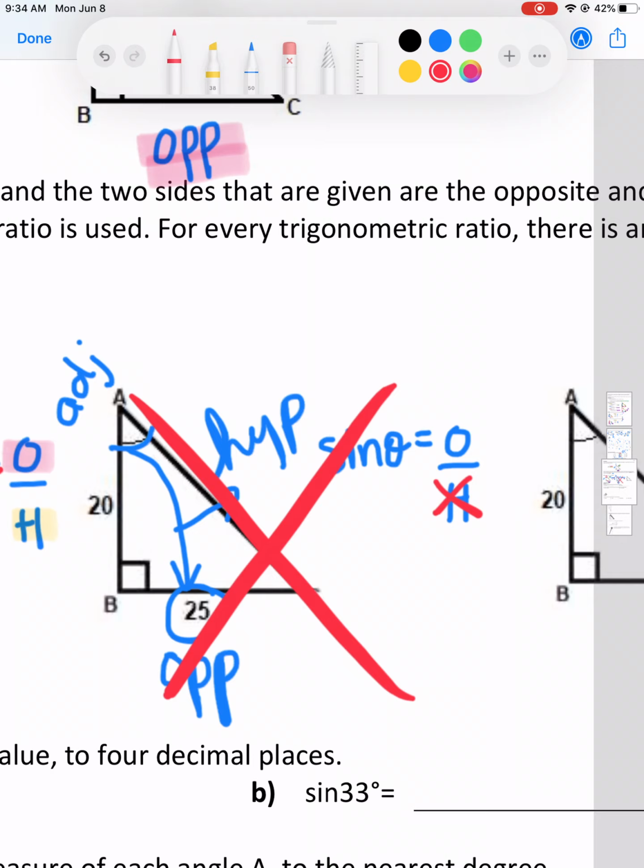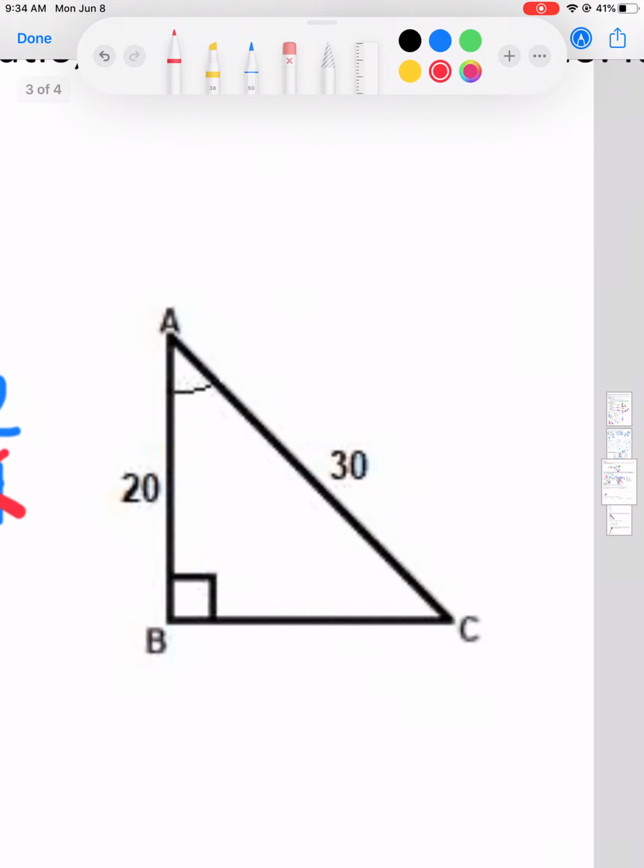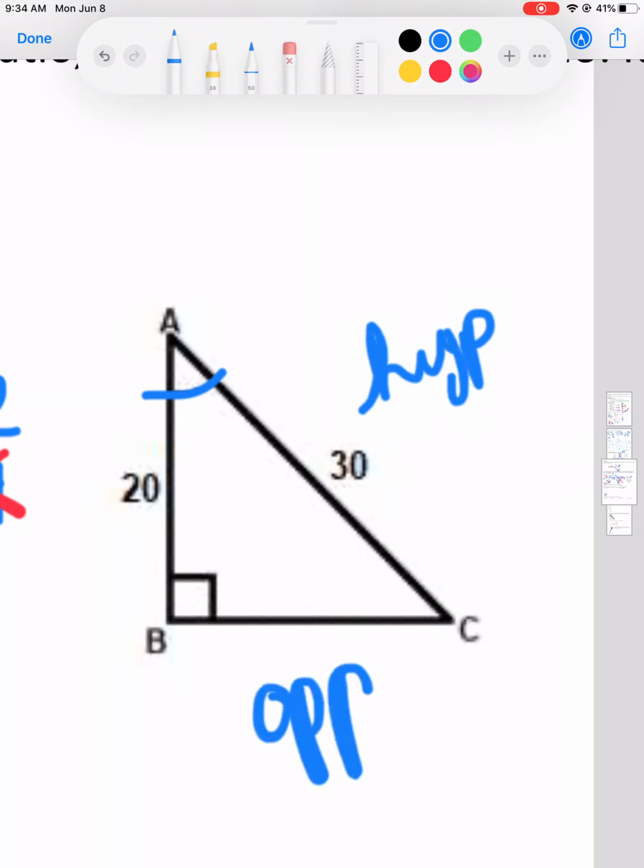Okay? So the question is, can I use sine? No, I cannot. Don't worry about solving it right now. We're just focused on sine. Let's do it again. Here's my hypotenuse. Here's my opposite. Here's my adjacent.